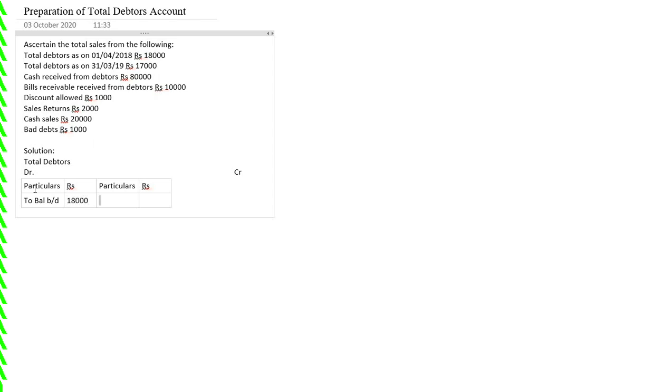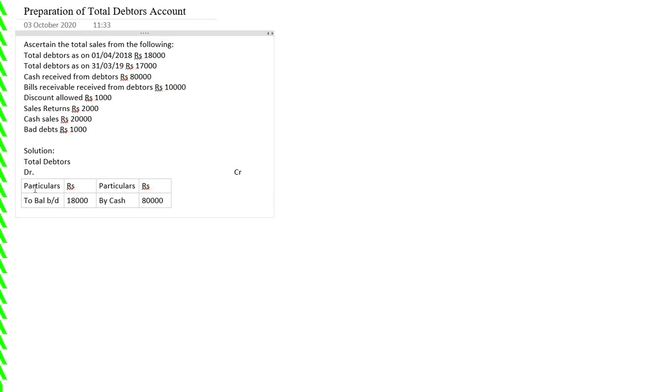Then we have given the total debtors as on 31/3/19, which is the closing balance of the debtors. So cash received from the debtors rupees 80,000. So when the cash is received, then the journal entry will be cash account debit to total debtors. So total debtors account is credited by cash which amounts to rupees 80,000.